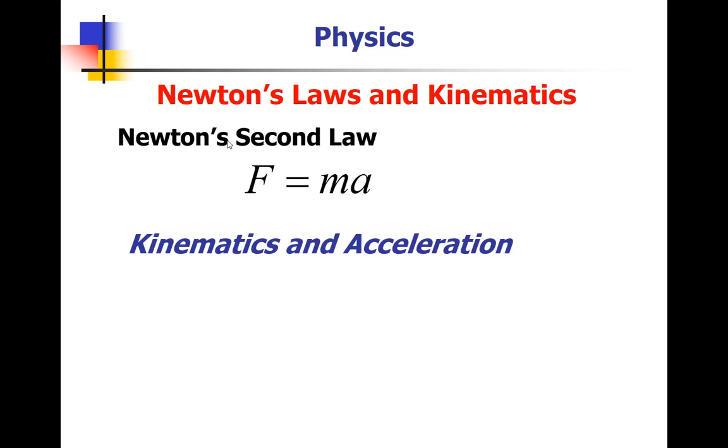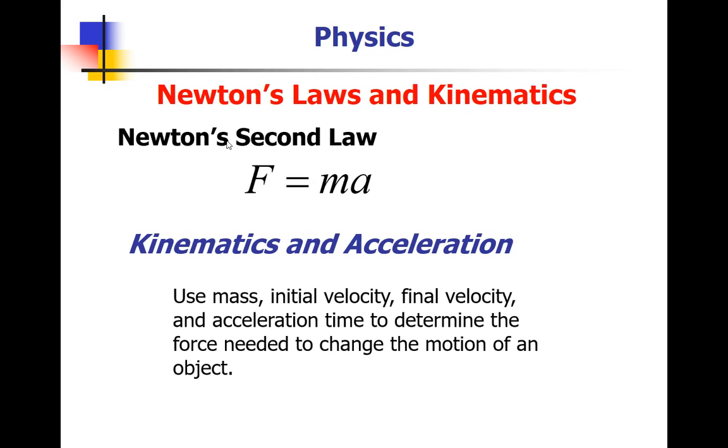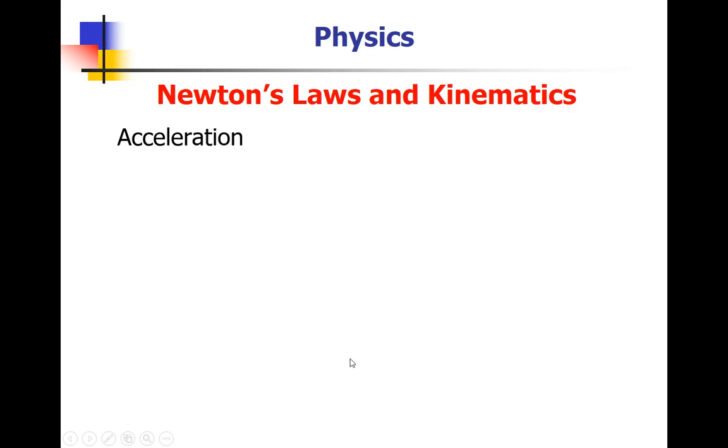For one thing, the kinematics equations will factor into this because we are dealing with motion and the definition of acceleration. We can use the definition of acceleration and Newton's second law with mass, initial velocity, final velocity, and time to determine the force needed to change the motion of an object.